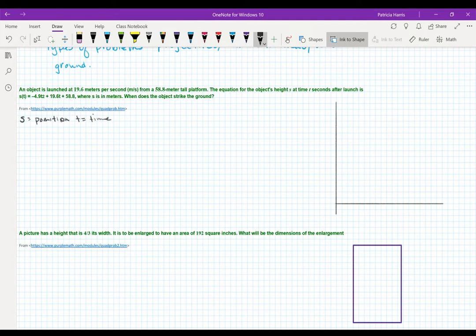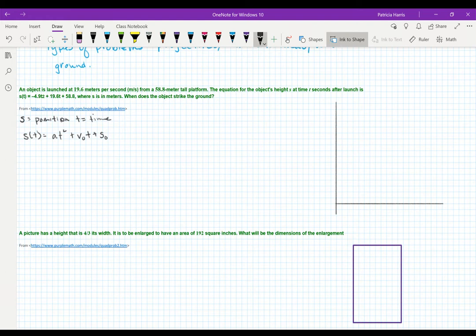The general formula, if you've taken any type of physics, is negative g, the acceleration of gravity, divided by 2, or we'll just call it acceleration, times t squared, plus what we call an initial velocity times t, plus the initial position, which we'll call s naught.